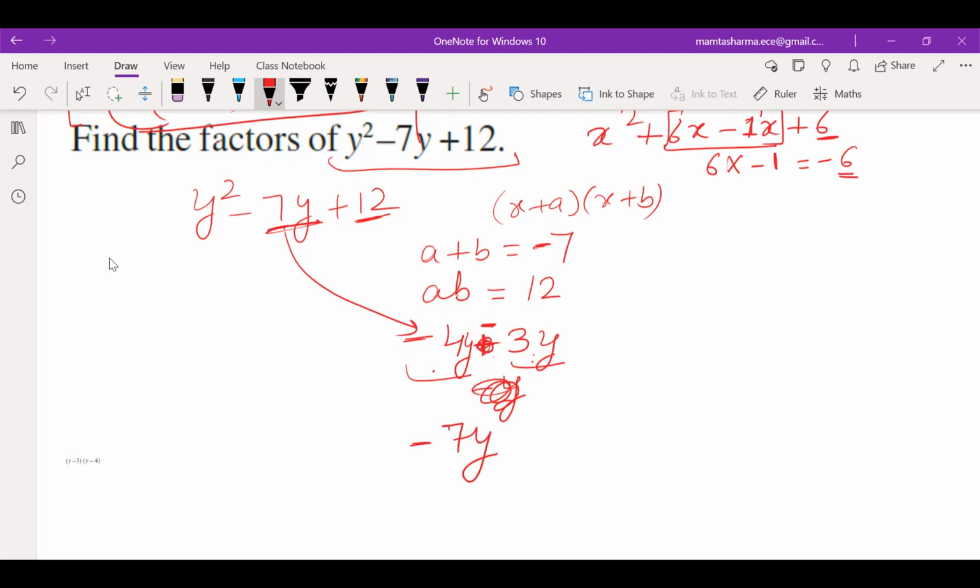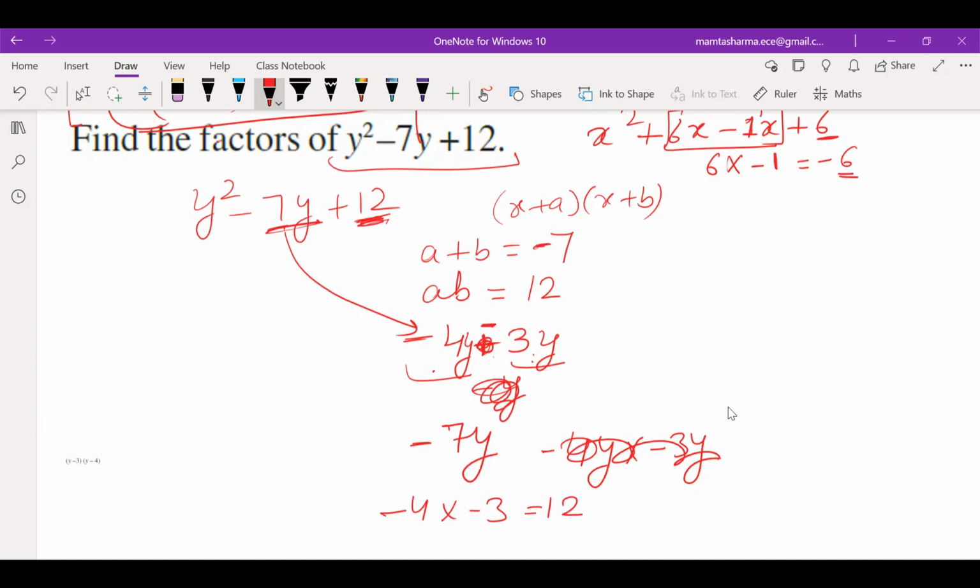After multiplying these 2 terms, you should get 12 only. So are you getting 12? Sorry, -4 into -3. Don't consider the y. -4 into -3. This minus will become plus, and 4 3s are 12. You are getting 12.